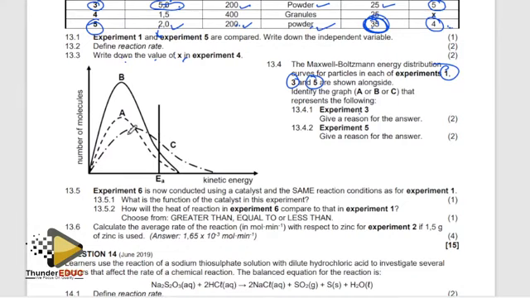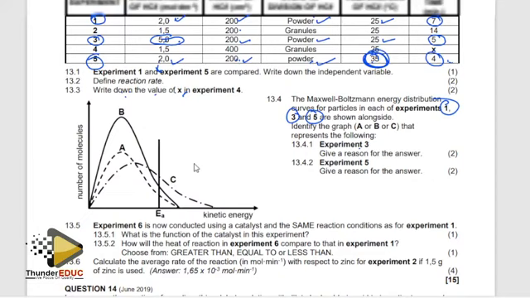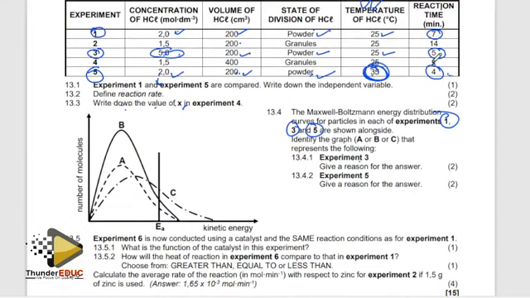So automatically this shows that experiment 3 is graph C. Why? Because it's just normal. It's not as fast as this and not as slow as this. So automatically C becomes experiment 3.